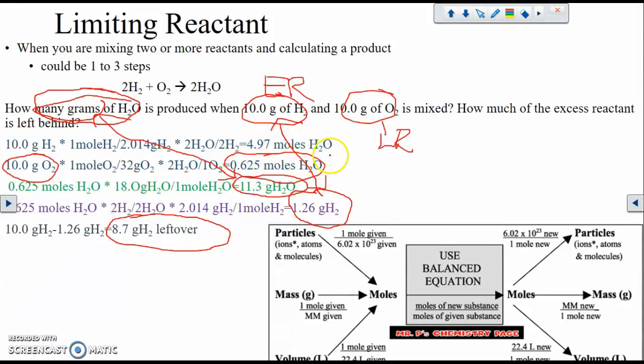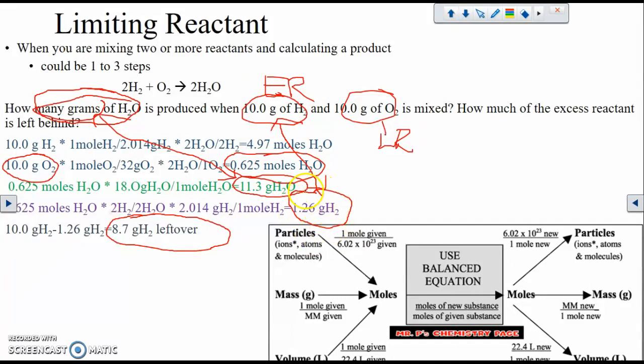The bigger moles tells us which one is the excess reactant. From that point on, we're going to be using the smaller moles of the product twice. The first one to figure out how many grams of the product is created, and the second, how much of the excess reactant we actually used.